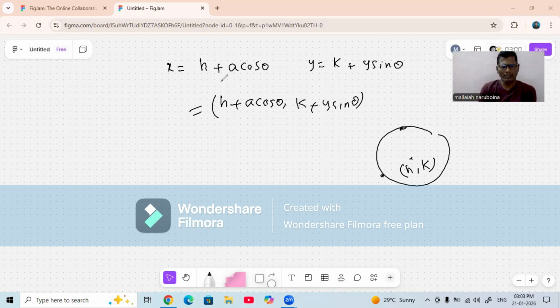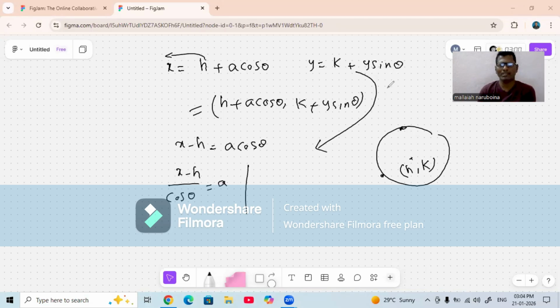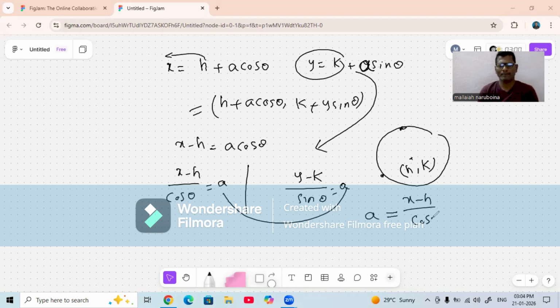From this, one more thing we can get. x − h = a cos θ, or you can write (x − h)/cos θ = a. Similarly, from y = k + a sin θ, (y − k)/sin θ = a. Since both are equal to a, a = (x − h)/cos θ = (y − k)/sin θ.